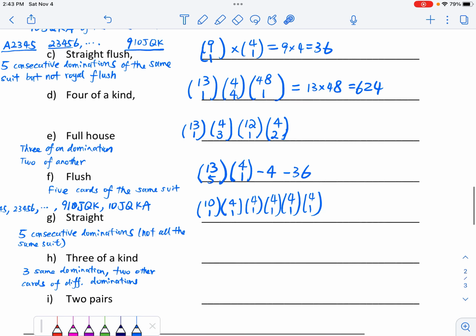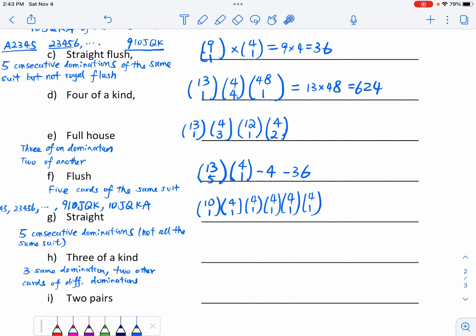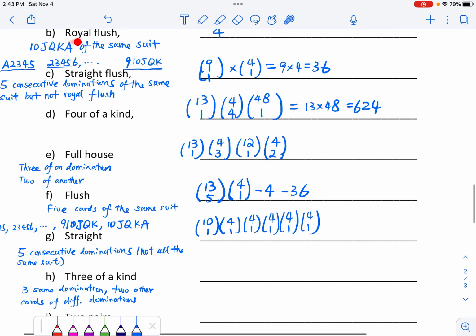Now, however, when you do that, it's possible that you get a straight flush, and it's possible you also get the royal flush, especially for the very last one, right? So therefore, we have to minus those royal flush, which is 4, and minus the straight flush possibilities. Okay, so therefore, this would be the correct count for the straight.